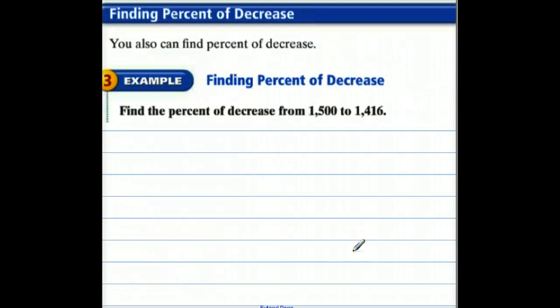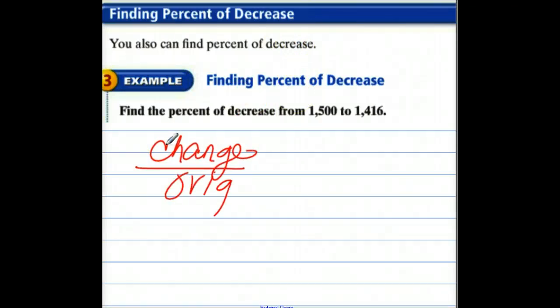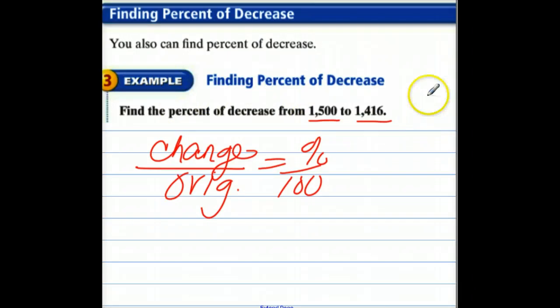Finally we're going to do an example of percent decrease. The formula does not change. We do how much did it change over the original equals percent over 100. Find the percent of decrease from 1,500 to 1,416. So you can see the numbers went down. How much did they go down by? We'll subtract them.